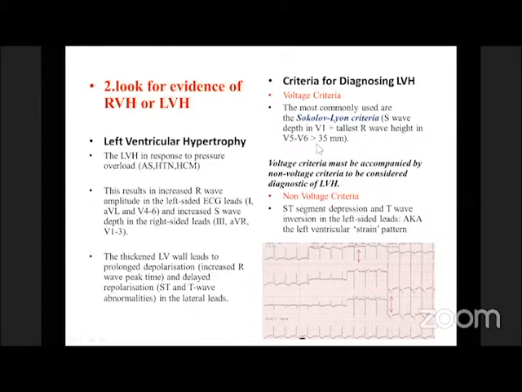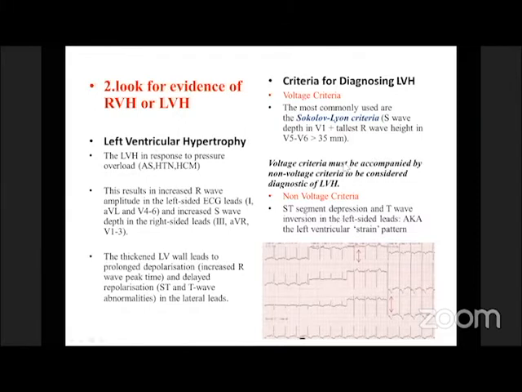If it is more than 35 millimeter, it indicates there is voltage criteria of left ventricular hypertrophy. And voltage criteria should be associated with non-voltage criteria to be considered diagnostic for left ventricular hypertrophy. The non-voltage criteria include T wave and ST depression abnormalities.